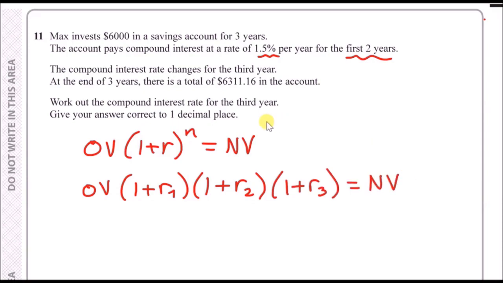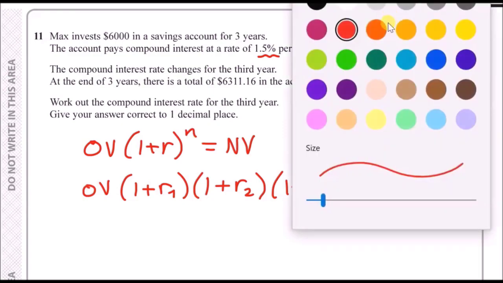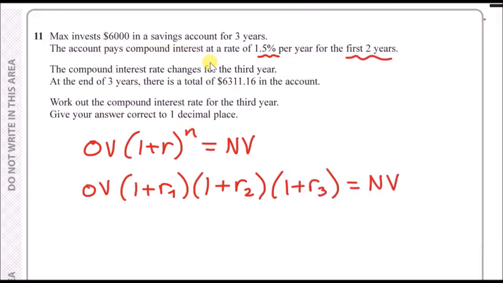Well, all we can do now is literally put in everything we know. So we know that the original value was $6,000, so it's going to be 6,000 times 1 plus the first year's rate. Well, 1.5%, guys, if you put that in your calculator, that's basically the same as 0.015. If you got the percentage button, you could actually write directly.